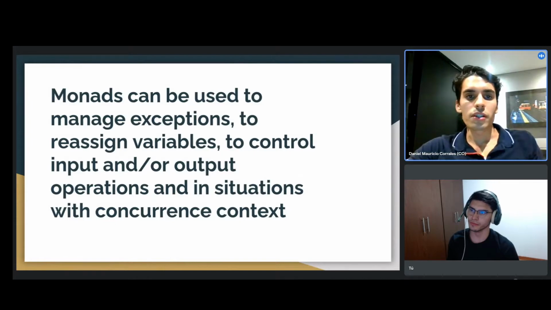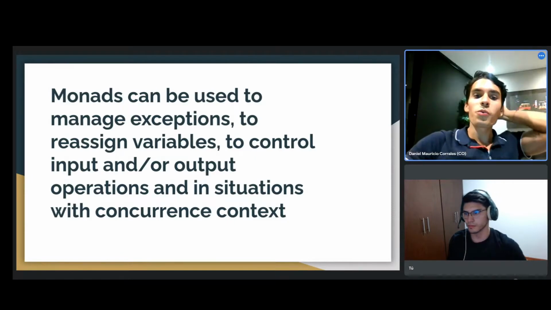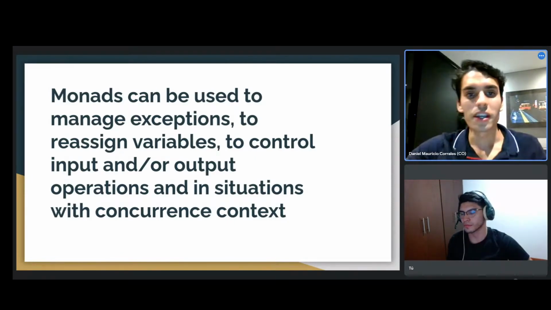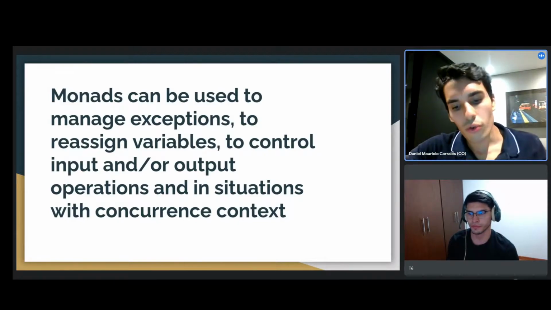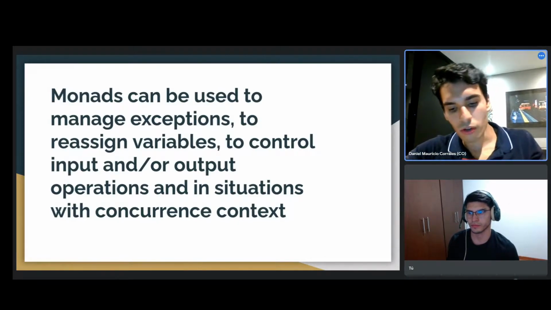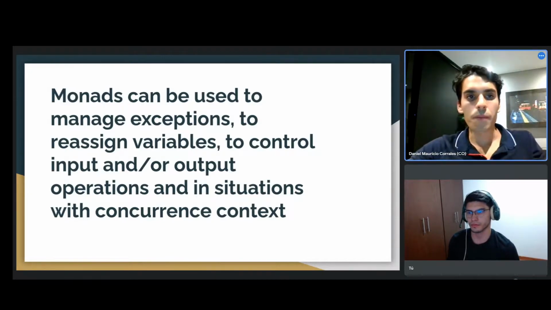Monads can be used to manage exceptions, to reassign variables, to control input and or output operations, and in situations with a concurrence context. This is because we can have control flow in our monads.